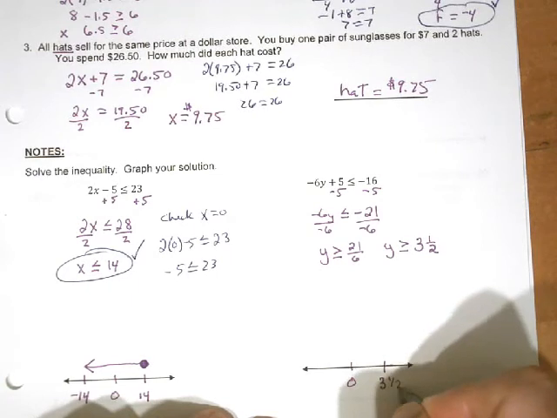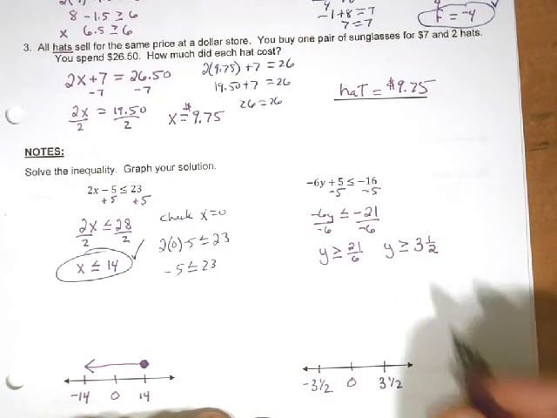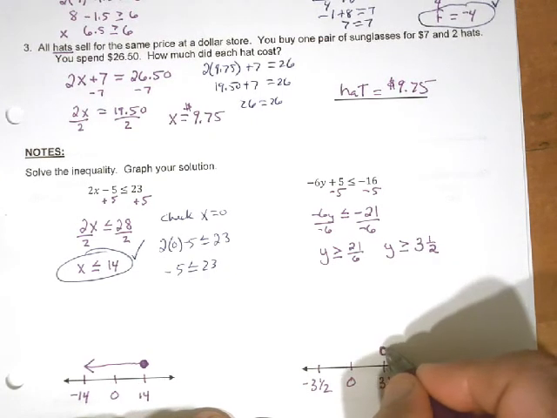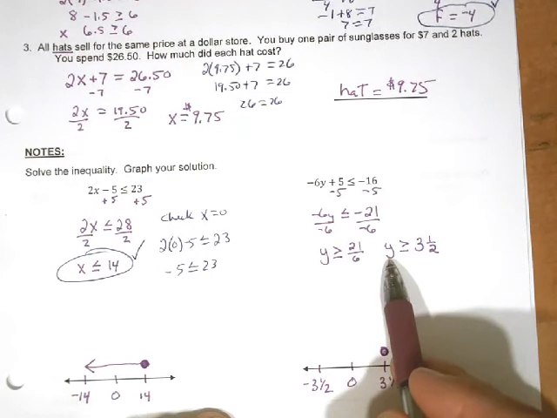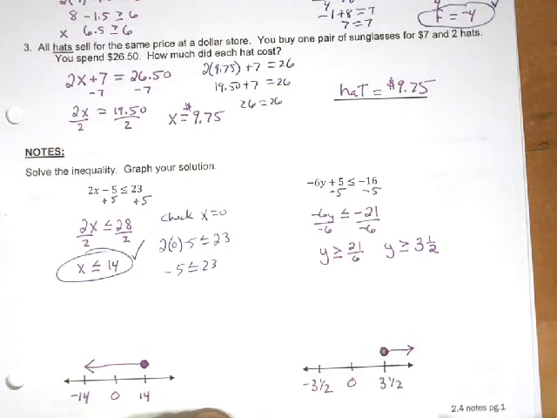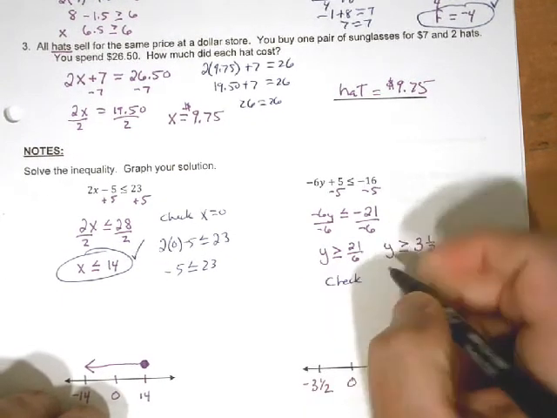So down to my number line: 0, 3.5, minus 3.5. Again, there's an equal sign, so I know the 3.5 is going to be shaded in. As long as your y is on the left side, ladies and gentlemen, this tells you which way the arrow is to go. So my arrow goes off to the right. I think all the answers are going to be greater than 3.5.